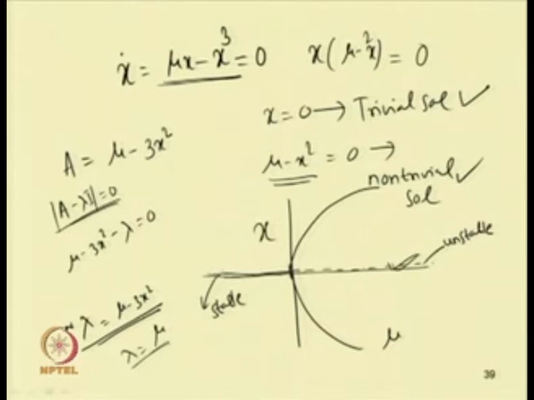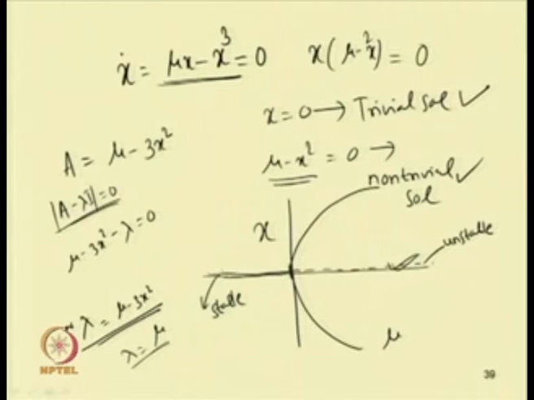At mu equal to 0, lambda becomes 0, that means one of the eigenvalues becomes 0. So, this corresponds to a static bifurcation point. At this static bifurcation point, the stable trivial branch and unstable trivial branch meet.